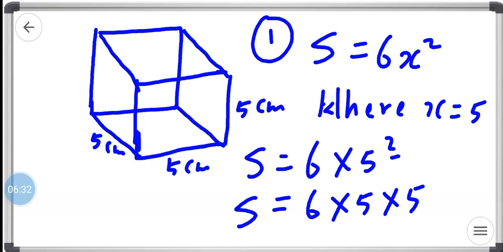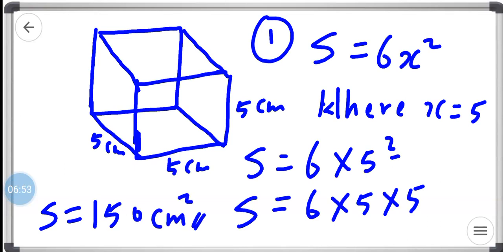So quickly, let's multiply. 6 multiplied by 5 multiplied by 5 gives us 150. So S equals 150 centimeter square.